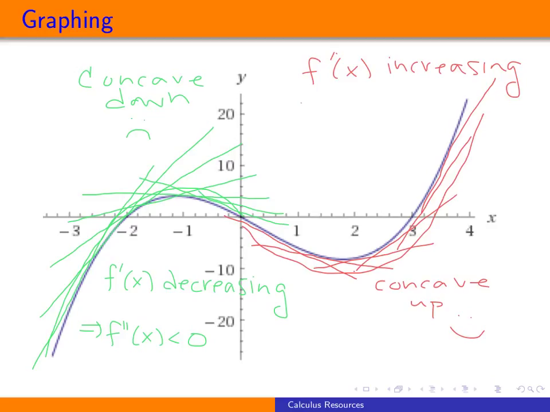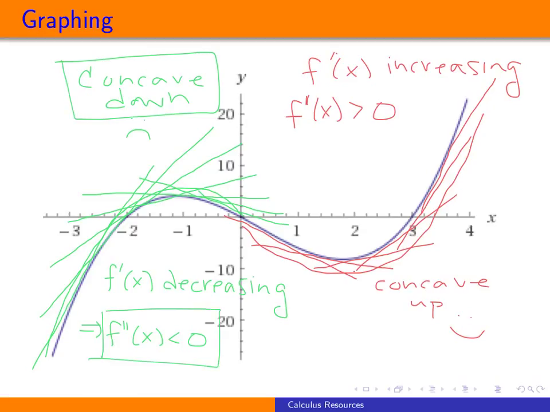So the derivative's derivative, which is the second derivative, is greater than 0. So for concavity, concave down corresponds to a second derivative being less than 0, and concave up corresponds to a second derivative being positive.